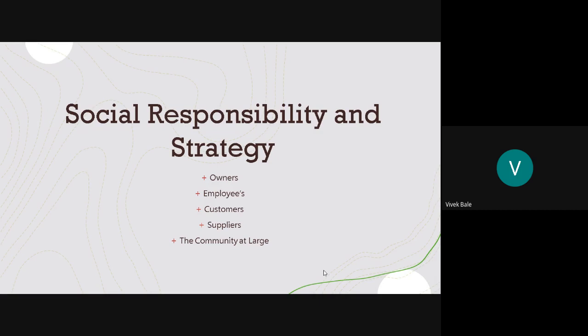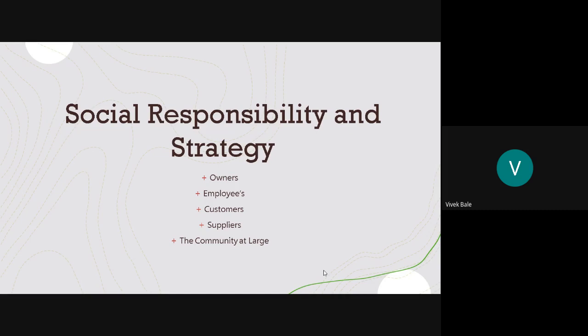Suppose I am rendering a service or a product to that customer: whether this customer is happy with whatever he is getting, and whether this product will not harm in future. So you don't just think about the present situation, but also about the future of that customer, like after utilizing that product, what will be the future outcomes or repercussions that the customer can face. That should also be considered whenever they are framing the strategy.